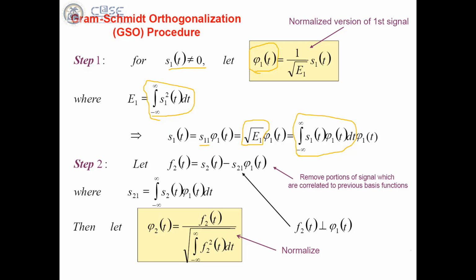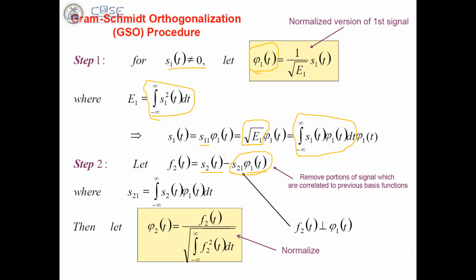It is nothing but the normalized version of the chosen signal out of the possible signal types. For the second function, let f2 of t be the second function, and it is nothing but subtracting the contribution of s2 of t onto the basis function phi1 of t from the function s2 of t itself.